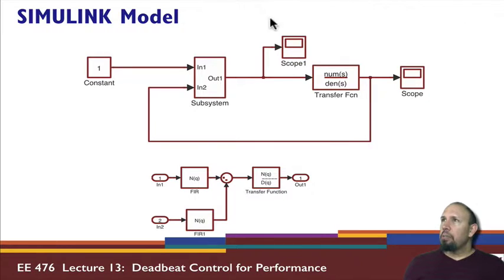So here's the SIMULINK model that we use to do this simulation, and there are a number of ways of doing this. Here, for example, I use an FIR block to implement the N1 and N2 numerator and denominator, and then I used 1 over the denominator to simulate this transfer function.